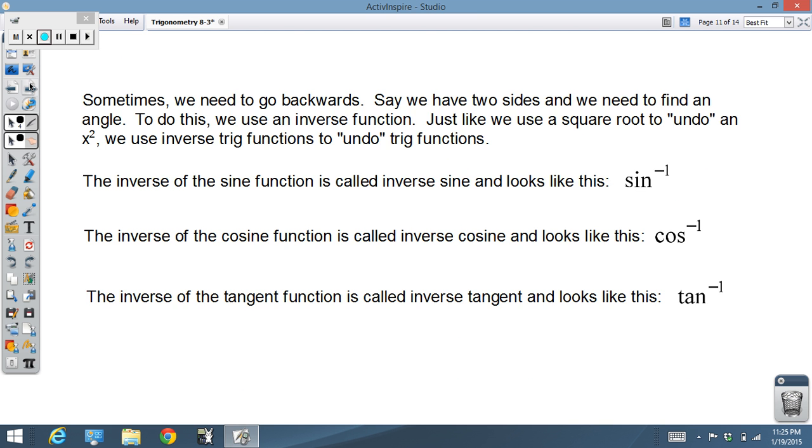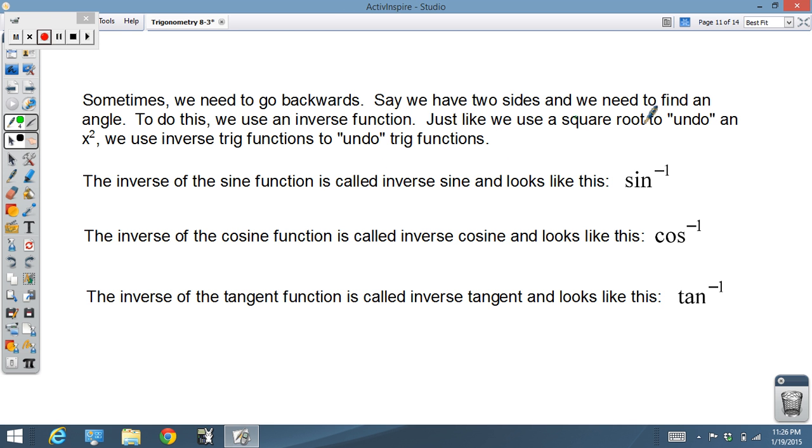Hope that works. Now, last thing. Sometimes we need to go backwards to solve these things. Just like we have to undo an x plus 8 by subtracting 8, or undo an x times 4 by dividing by 4. Sometimes we've got to find an angle by undoing a trig function. We call this an inverse trig function, okay?